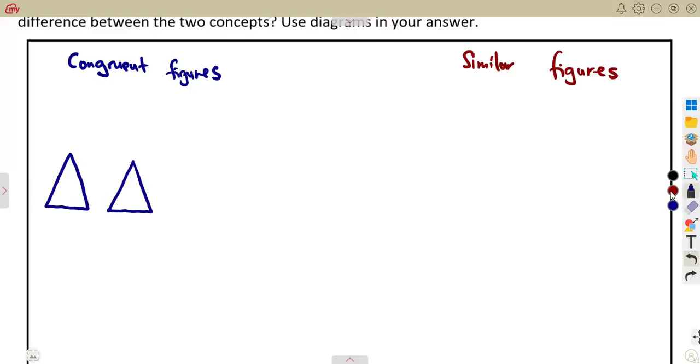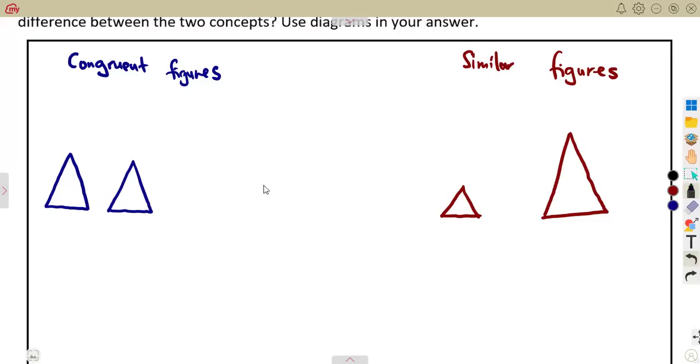But if two triangles are similar, one can be smaller, another one can be bigger. It's not about the size of the shape that you are given, it's about the angles.